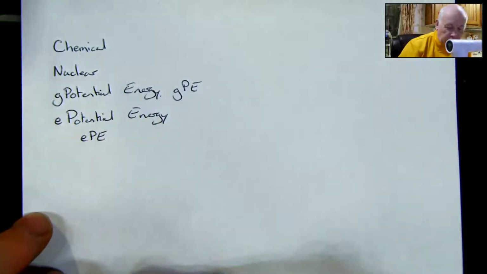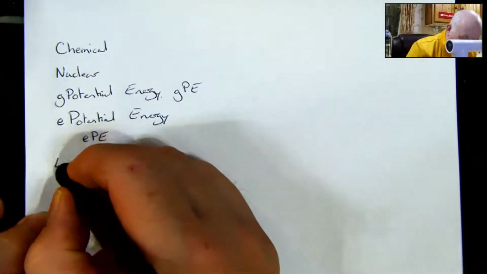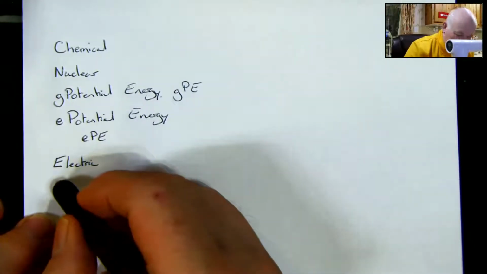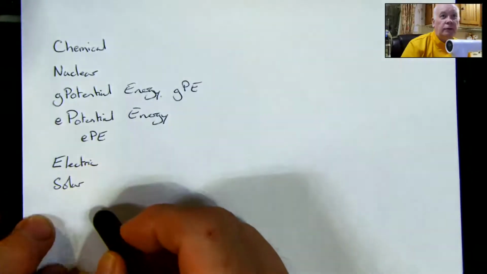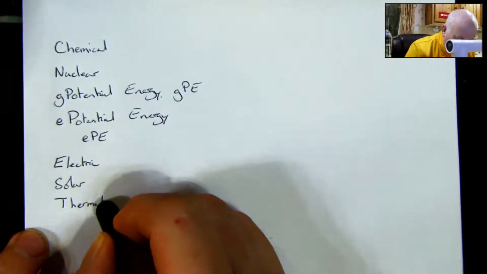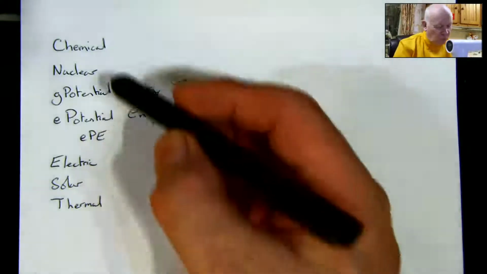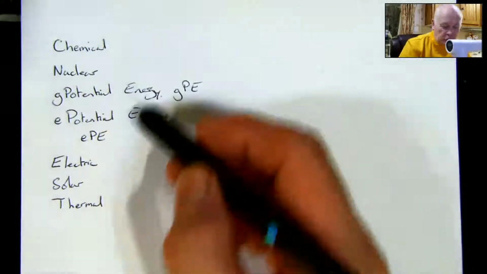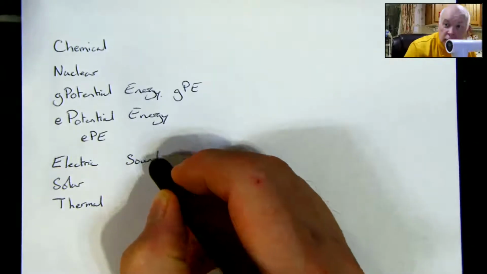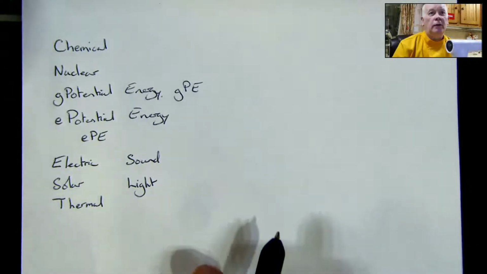We can store energy up in, not quite store, but use and see energy stored up in electric energy. And we can see it in solar energy. And the worst of all, I suppose, we see as thermal energy. Thermal energy is, if you like, the weakest of all these and what everything normally comes down to. We also saw sound energy. We also have light energy, and I'm sure that you can probably think of a few more.